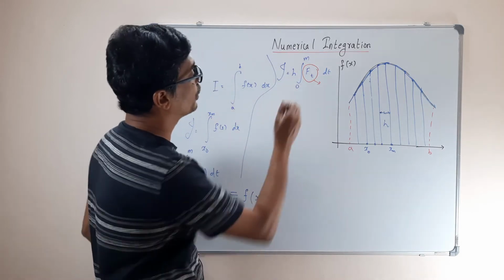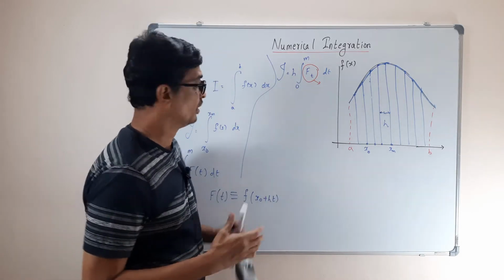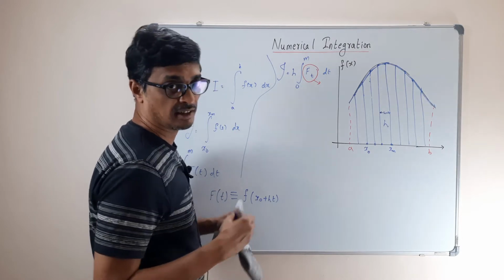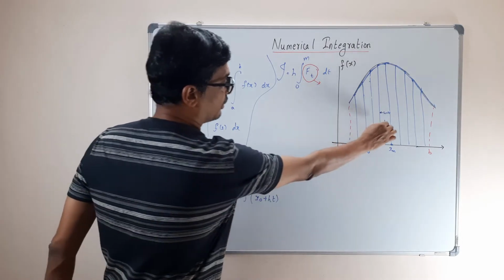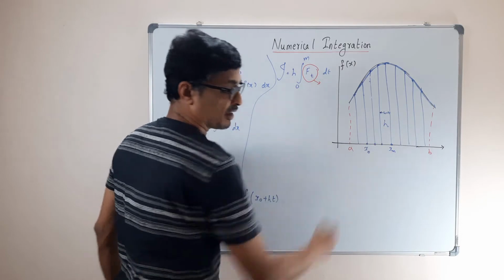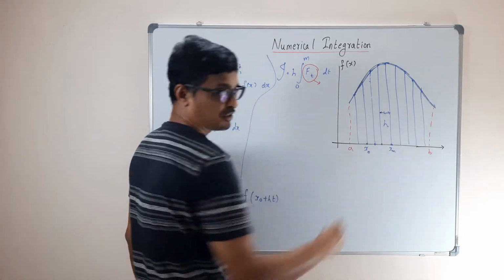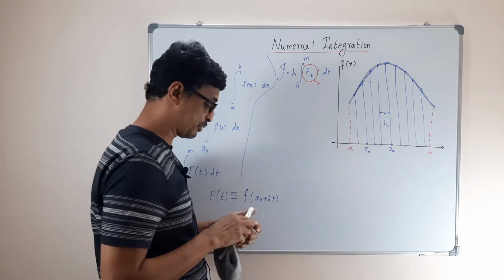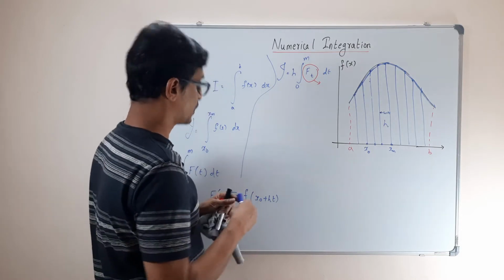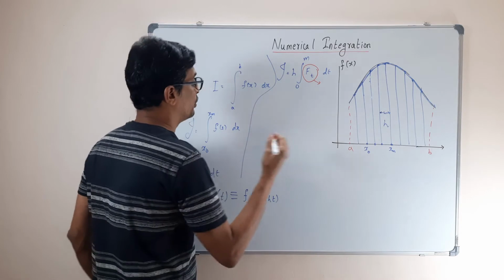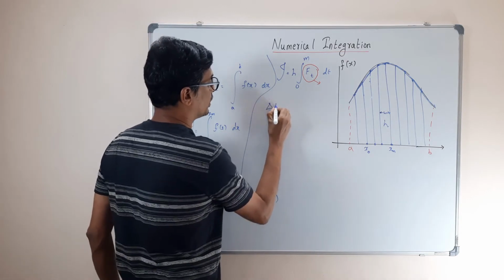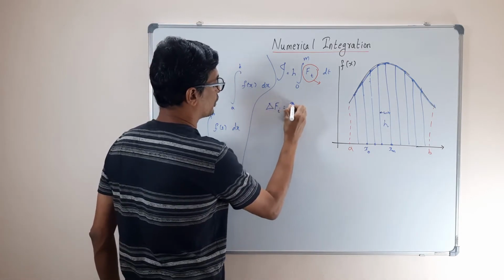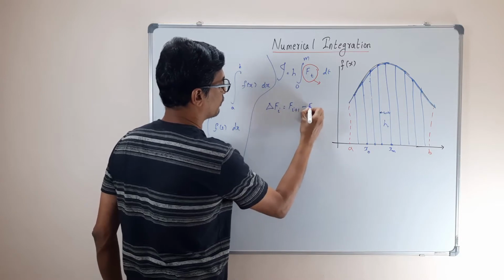So how are we going to represent this f of t as a polynomial? We have already seen in the earlier class one of the simpler methods, with evenly spaced intervals. Of course, we know that you can use a Newton forward difference or even a backward difference to construct the polynomial, and let us use a forward difference. So we define a forward difference operator, delta f of i equals f of i plus 1 minus f of i.